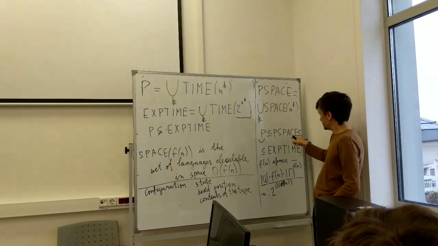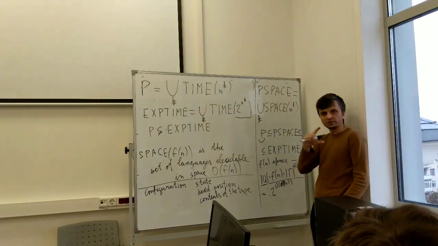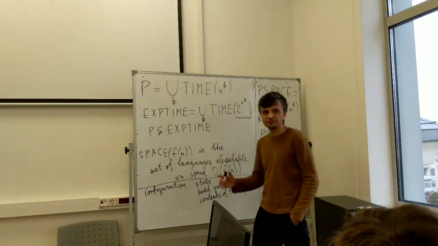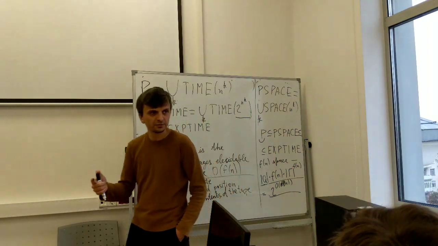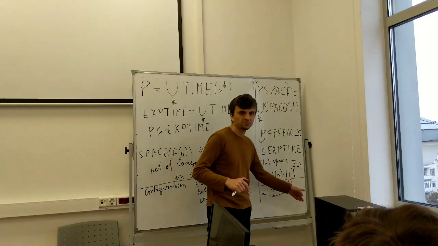And that's why PSPACE is a subset of EXPTIME. So you can't have more. The total number of configurations is this, and no configuration can repeat. So the machine can make at most that many steps before it stops.